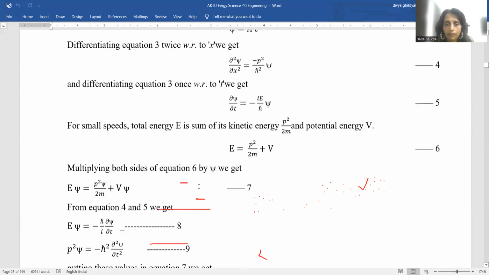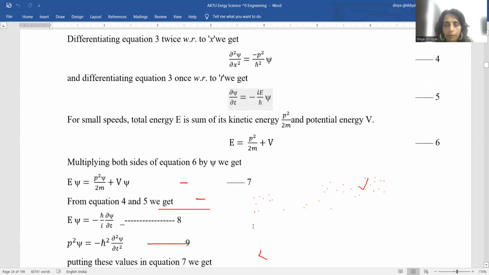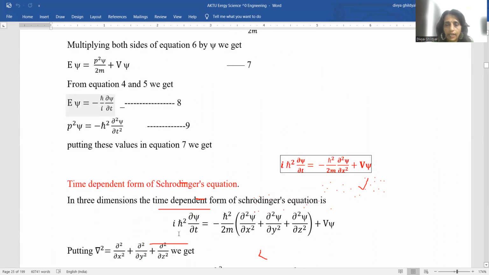And from the above equations, del 2 phi by del x2 was equal to minus p square by h bar square phi, and del phi by del t was minus i E upon h bar phi. Putting both these values here, I get the expression for time dependent Schrodinger wave equation: i h bar del phi by del t equal to minus h bar square upon 2m del 2 phi by del x2 plus V phi.